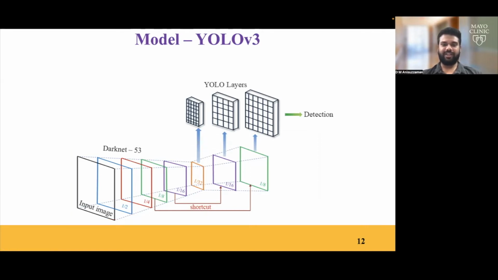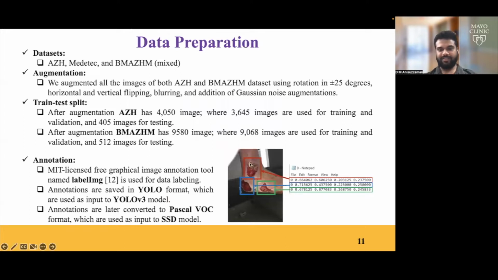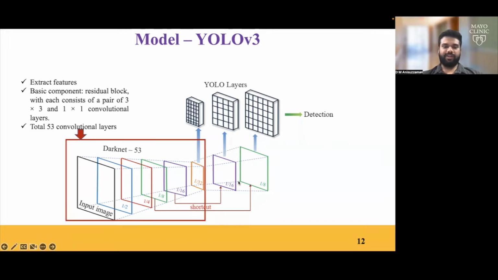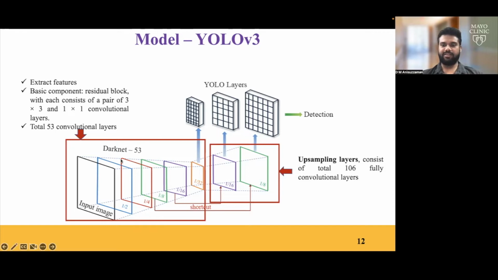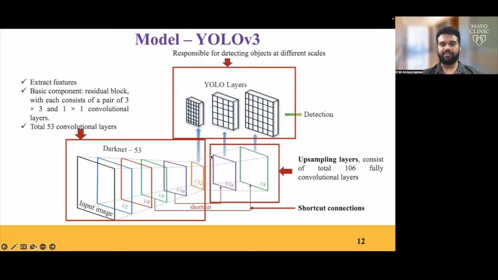By feature extraction, I mean for this wound image, you extract its color or texture or edge or shape, which tells you, okay, this is a wound, and the deep learning model will draw a bounding box over it. The feature extraction is done using Darknet 53, and there are some upsampling layers, because when you do convolution, they reduce in size, so you upsample it, and from the upsampled layers, you detect the bounding boxes, which is done by the YOLO layers.